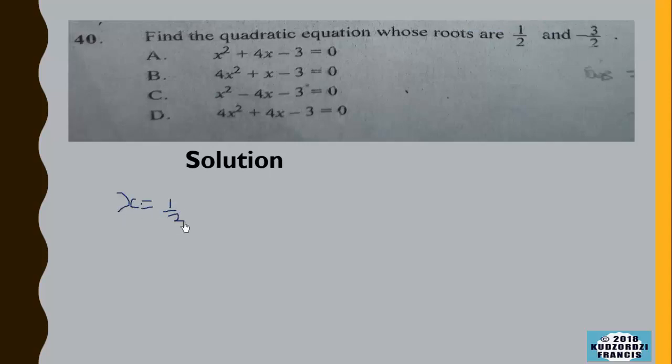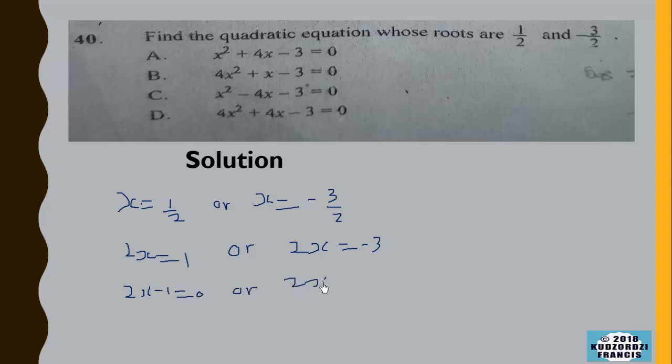Then we have this, we are looking for the quadratic equation, so we use a factor approach and work backwards. So you know this can be rewritten as 2x equals 1, and this one too is 2x equals negative 3. So we can rewrite this as 2x minus 1 equals 0, or 2x plus 3 equals 0.